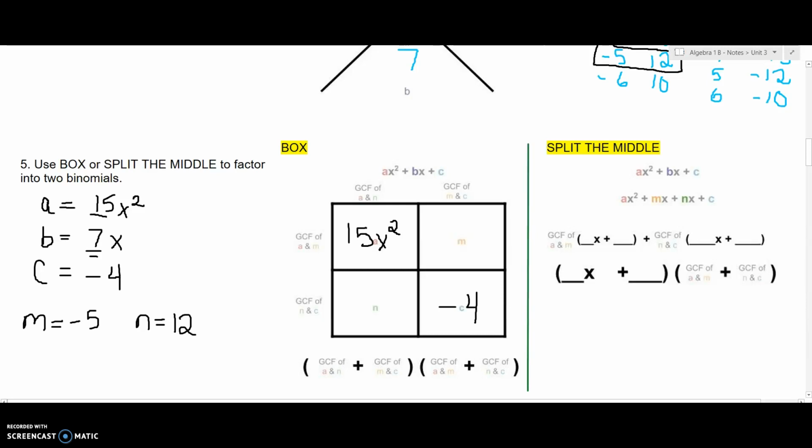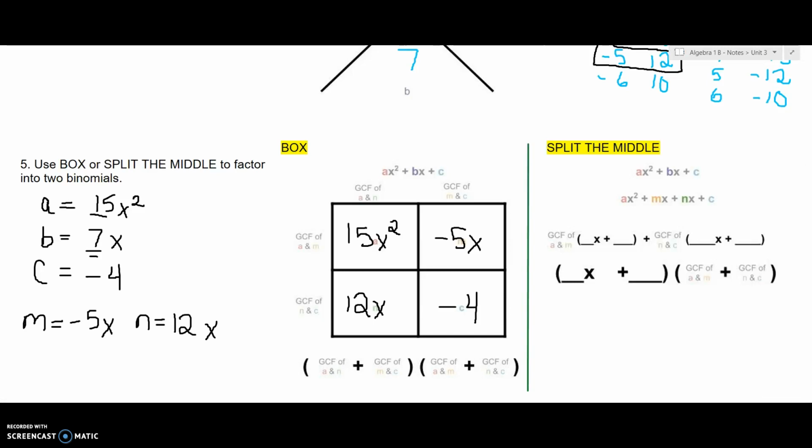So we are going to say that M equals negative 5x and N equals 12x. So this is what we got when we FOILed before. And we're going to do FOILing backwards by pulling out a GCF.